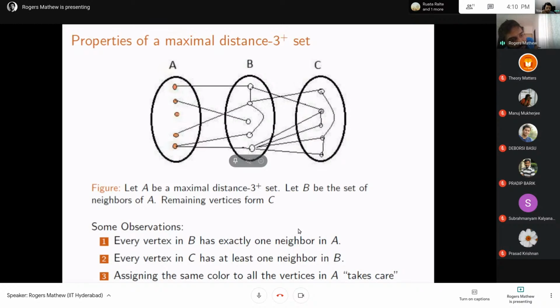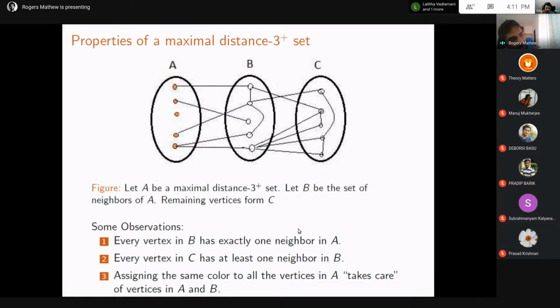So all these uncolored vertices, you give them the golden color, so you're using only one new color. The vertices have already satisfied the desired requirement, right? Every vertex is seeing some color appearing exactly once in its close neighborhood.